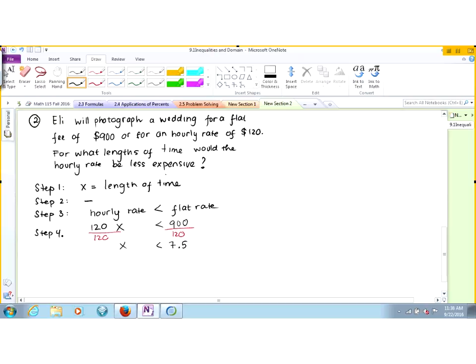So this is step 4 and you solve. So how do I answer this question? Hourly rate, this is step 5, right? Rate is less expensive if what?